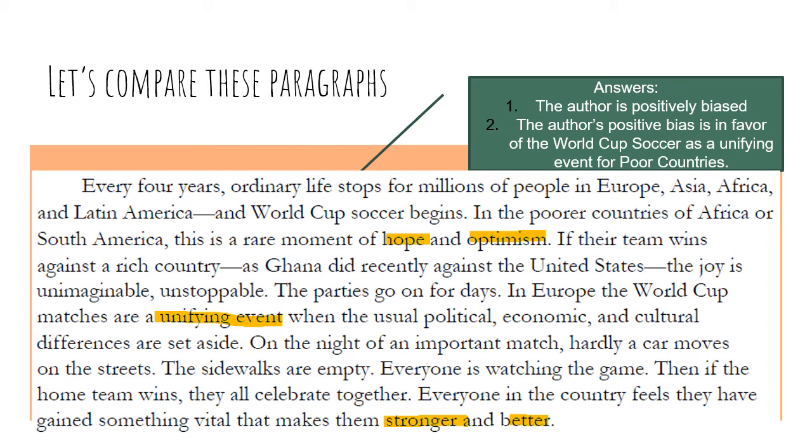And for the second question, here the author expresses a favorable attitude toward the World Cup soccer, because he or she thinks that the World Cup soccer is a unifying event for poor countries such as in Africa, Latin America, or South America. So it is biased.